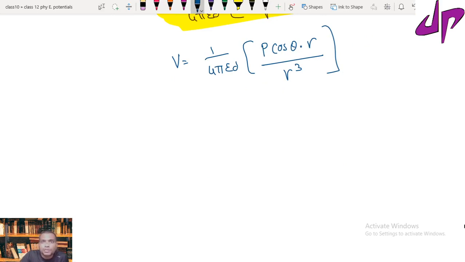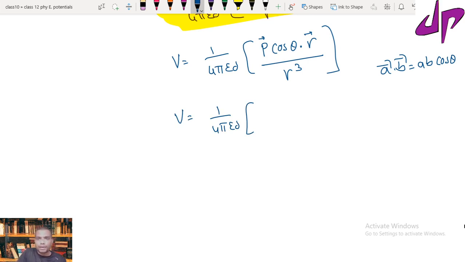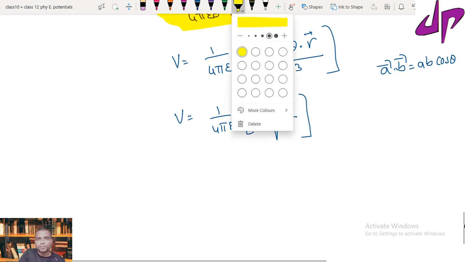If you see this, it is in terms of P, the dipole moment, which is a vector, and r, which is also a vector. For the dot product of two vectors, a bar dot b bar equals ab cos theta. So I can write that as 1 over 4 pi epsilon naught of P bar dot r bar upon r cube to simplify the expression.